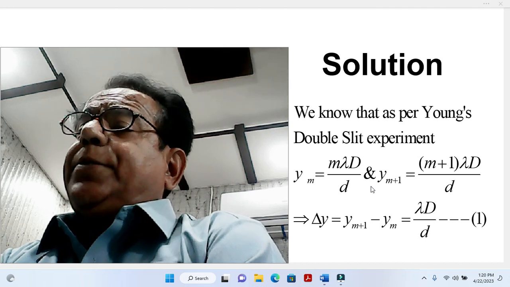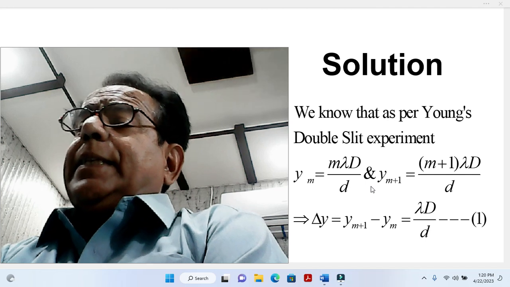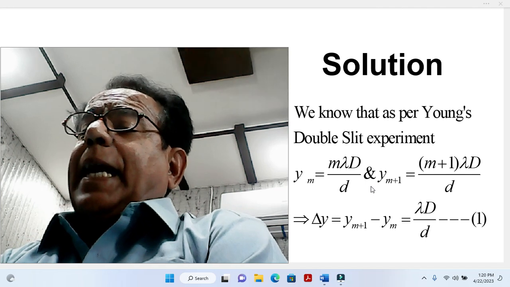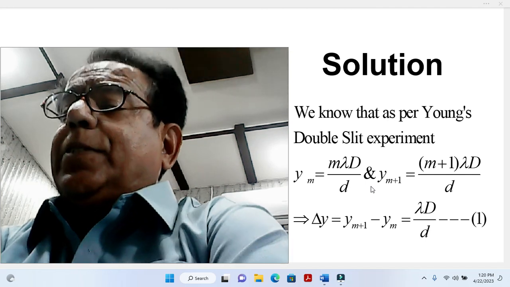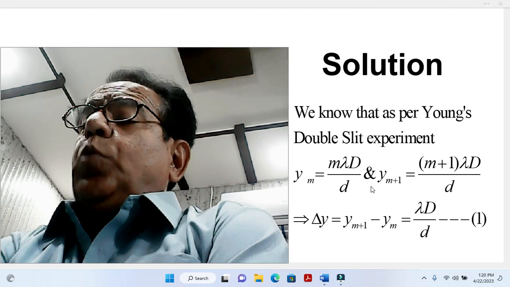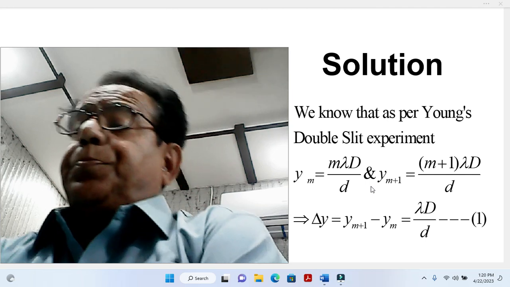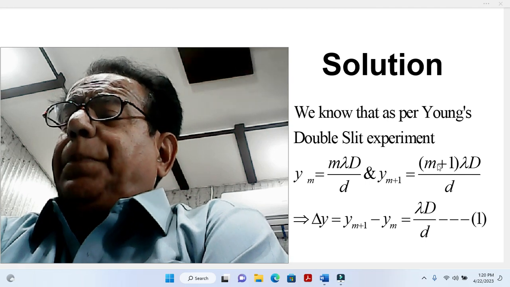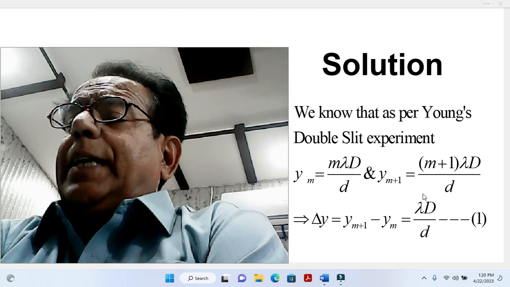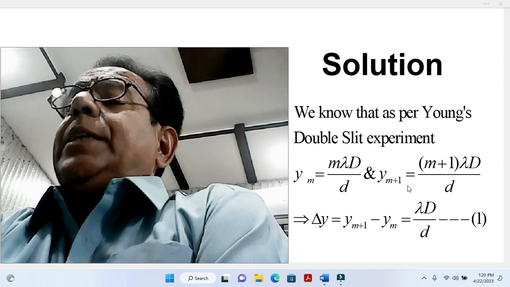These two equations simultaneously imply that delta y, change in y, is equal to ym plus 1 minus ym equal to lambda capital D over small d, equation number 1. This is the same thing which we have already shown in the second version of this tool.